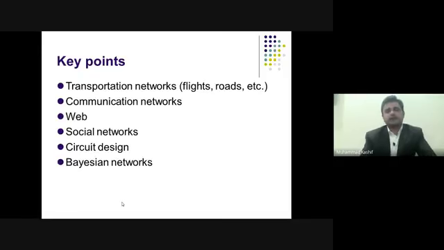Obviously we have flight simulation systems, we have transportation networks that we need to solve by using algorithms. We need to solve these issues by software solutions. And how can we implement these by using algorithms? The only solution is graph theory.